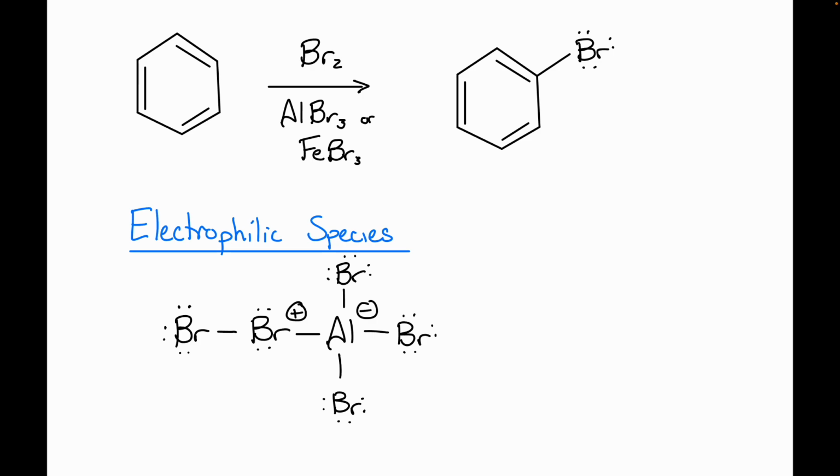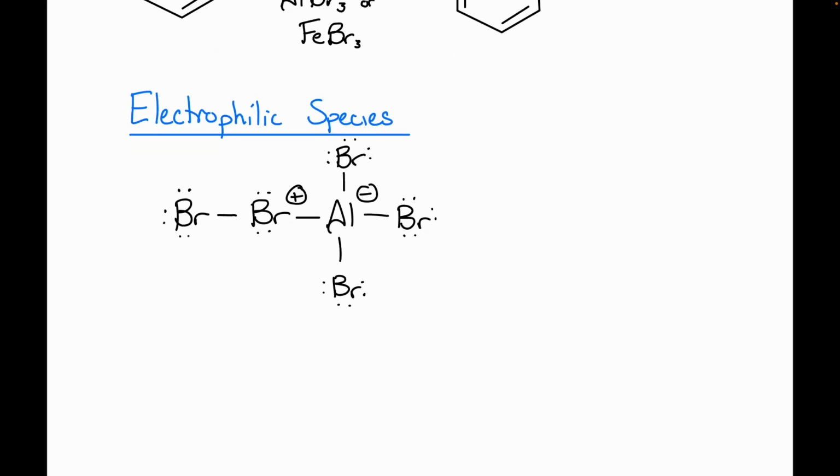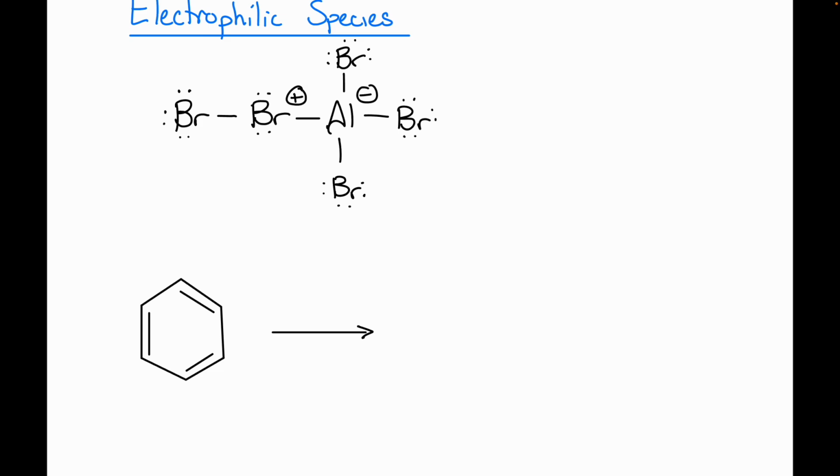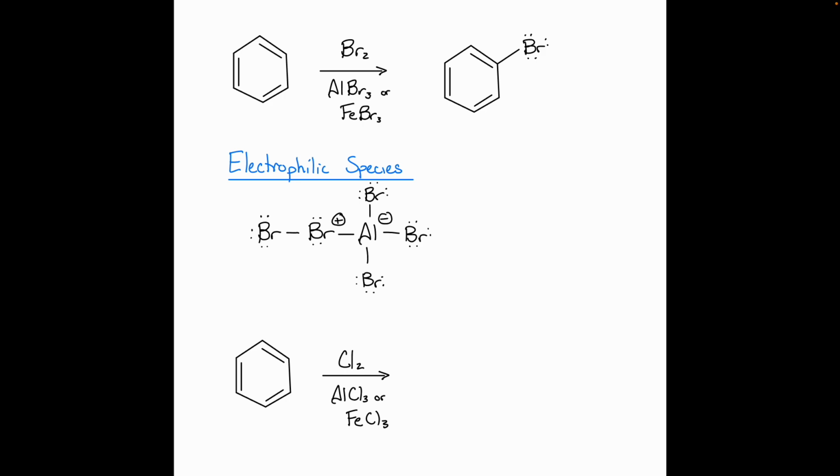All right, we can get pretty much the same kind of thing going on, but instead, if we replace bromine with our other halogen, chlorine, and we use aluminum chloride or iron 3 chloride, everybody take a second and tell me what they think this product will be. Just based on analogy of what we just did. Yeah, chlorobenzene.